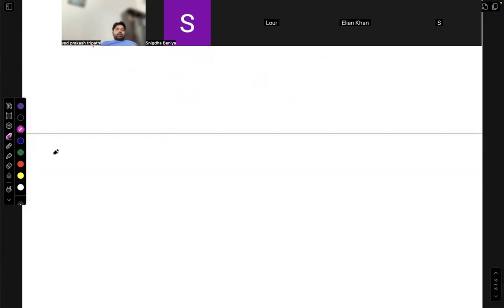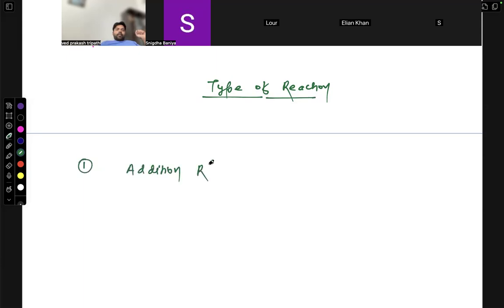Perfect. So we have covered most of the basic things. Now we are going to jump into reactions, the types of reaction. The very first, addition reaction. The second, substitution. Third, elimination.